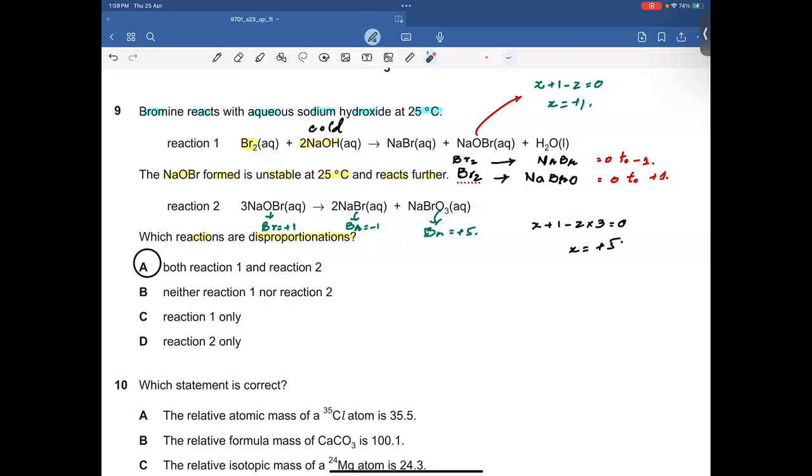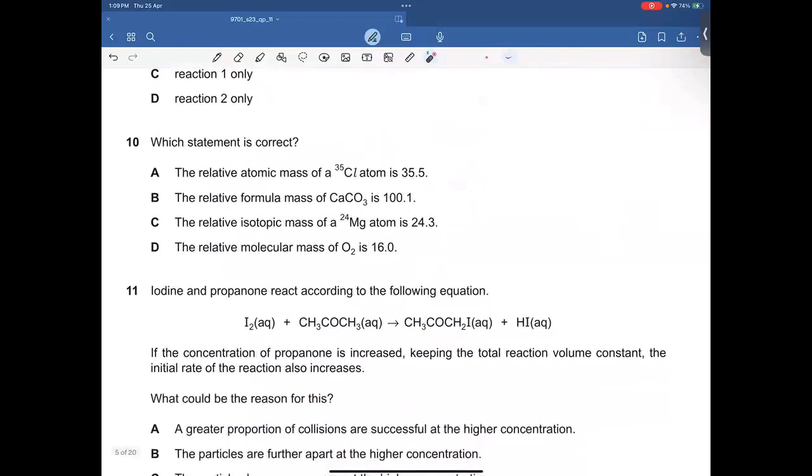Next, which statement is correct? The relative molecular mass of a molecule is 16. So oxygen is a molecule and it has a mass of 32, not 16, which means option D is incorrect. All right. The relative isotopic mass of magnesium is 24.3.